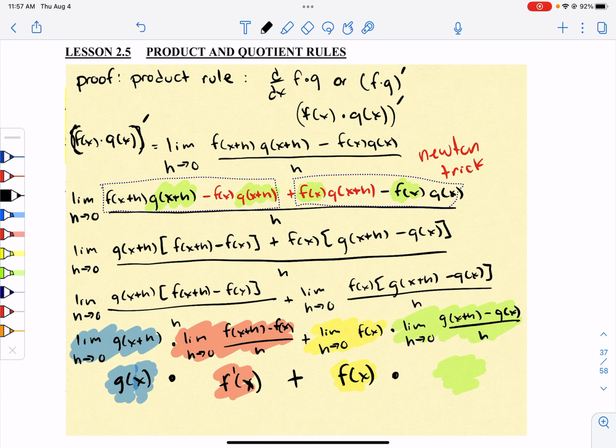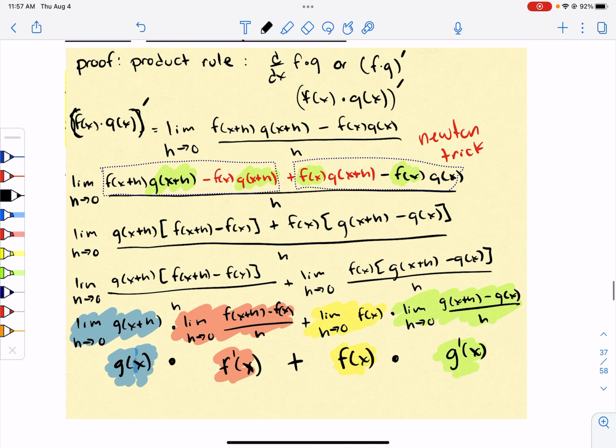Well, that's just the derivative definition, right? g prime of x. So after all of that ugly mess, I end up with my function g multiplied by the derivative of f plus my function f multiplied by the derivative of g.